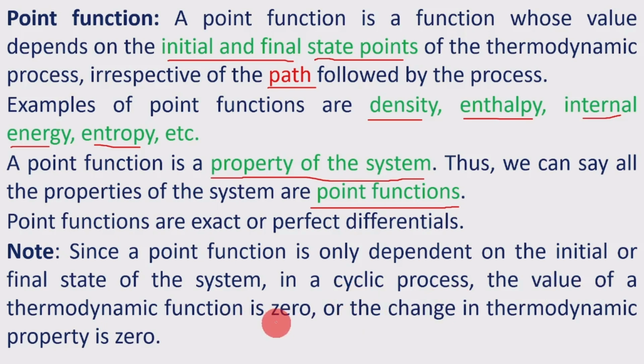As the initial and final states are the same for the cyclic process, the difference will be zero, so the change in a thermodynamic property is zero for the cyclic process.